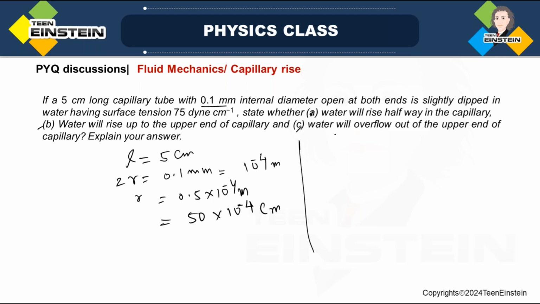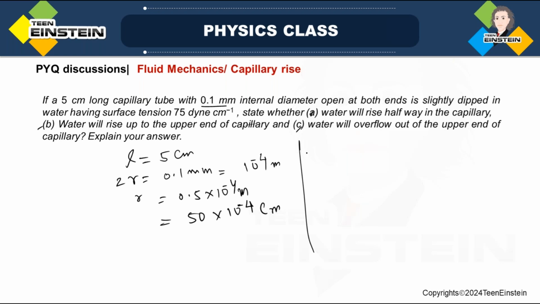And third option is water will overflow out of the upper end of the capillary. Explain your answer. That means there are three options: whether the liquid will rise inside the capillary halfway, or rise up to the upper end, or you have to explain if it is getting overflowed.